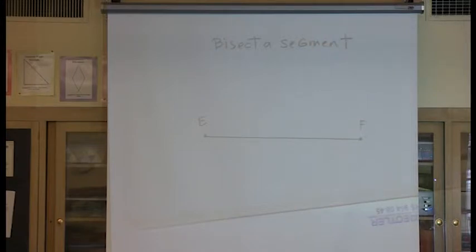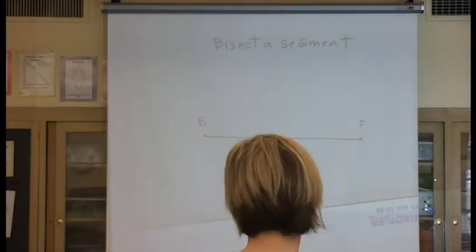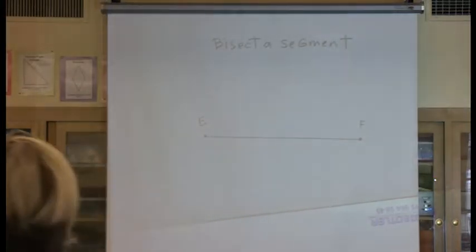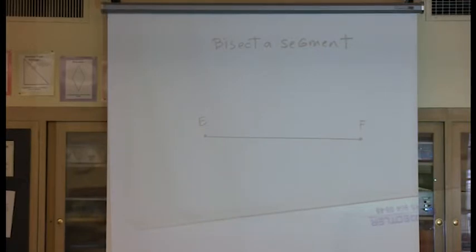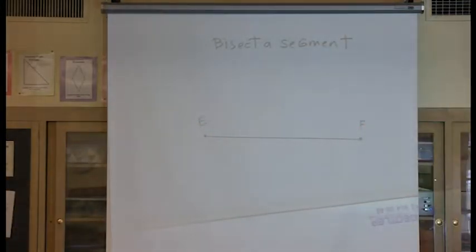Cut in 3? Cut in 5? Cut in 9.725? Bisect means what? Cut how? In half.